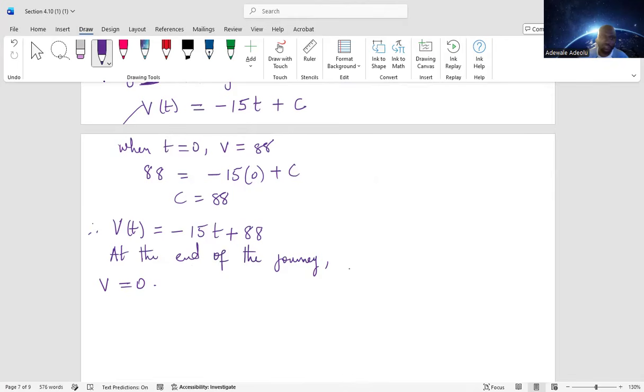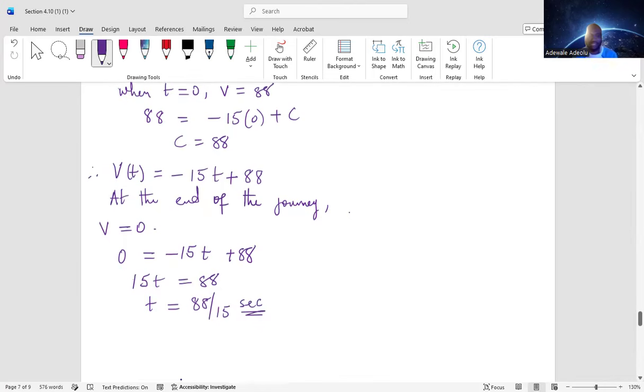So we can say 0 equals negative 15t plus 88. So we can find our t at the end of the journey. We can move this, negative 15 becomes positive, equals 88, and divide, so t equals 88 divided by 15. The unit is seconds.